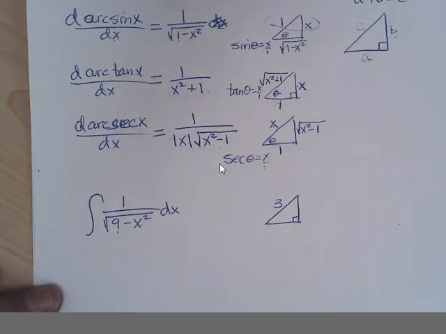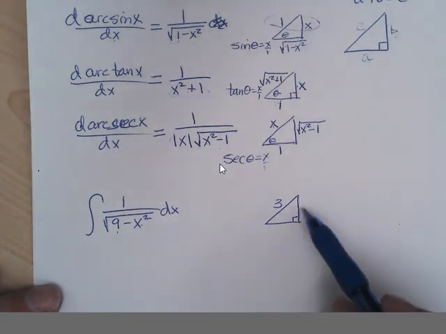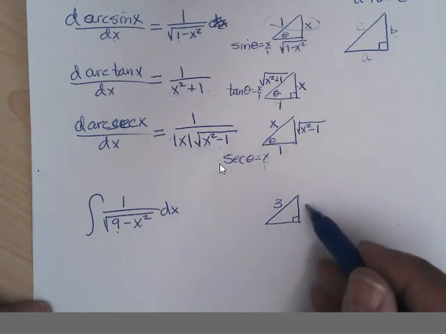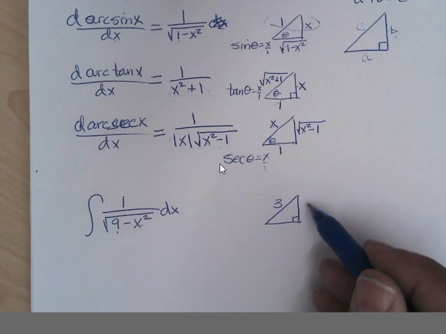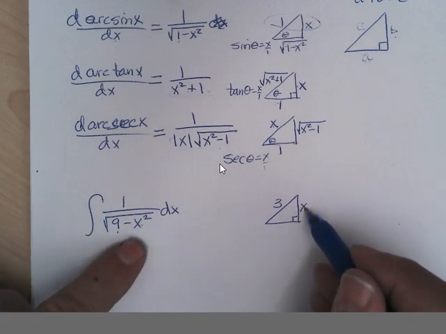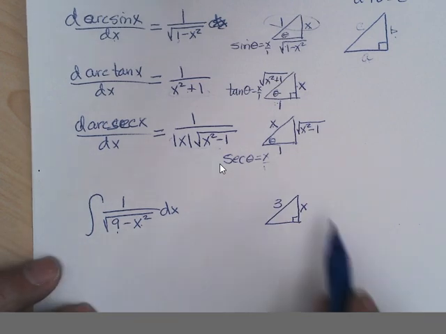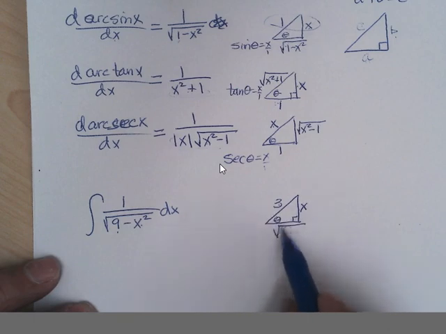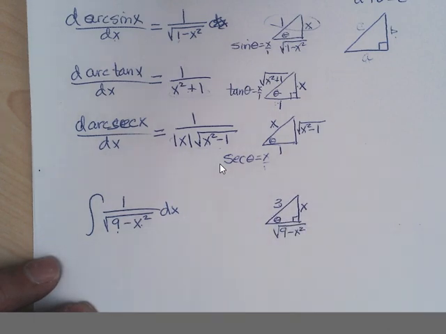It doesn't have to be, since I could put it on either of the legs, but it makes a few less negative signs to deal with when you're doing the derivatives and the integral. With that set up on the triangle and theta there, this side becomes the square root of 9 minus x squared.